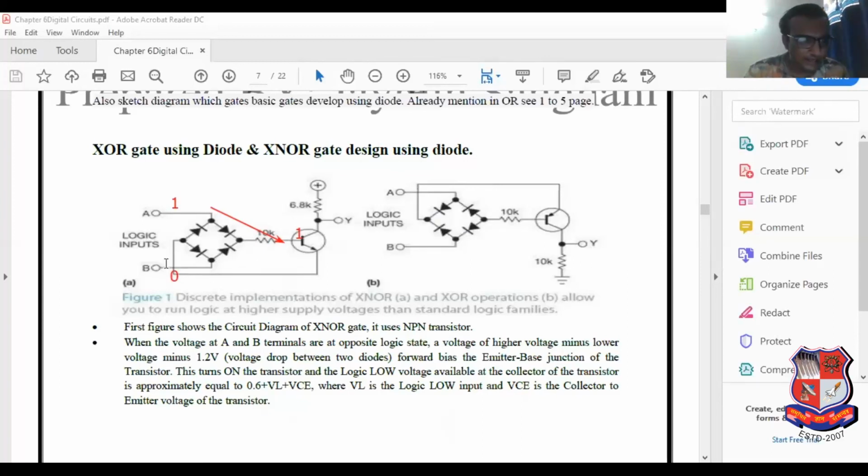But here 0 volt, so the diode acts as an open circuit. Whatever the terminal, here 0, so the diode acts as an open circuit. Here also 0, so here we cannot get voltage. So here we get 0 voltage.